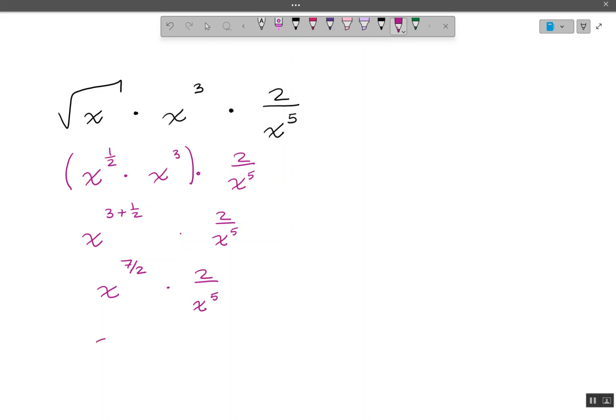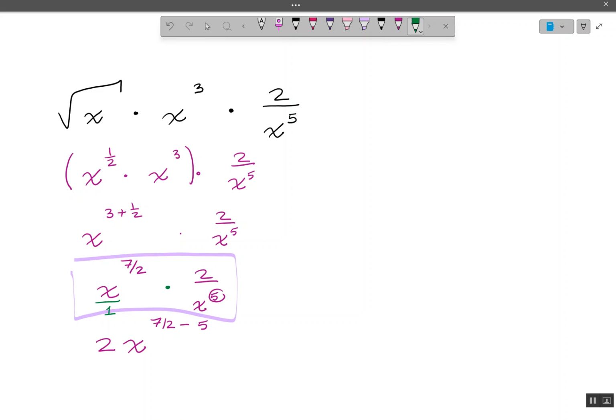So I'm left with 2 times x to the 7 halves minus this number, because that's on the bottom there. We have to become increasingly fluent with fractions. So anything that doesn't have a fraction, we can consider it as a fraction.